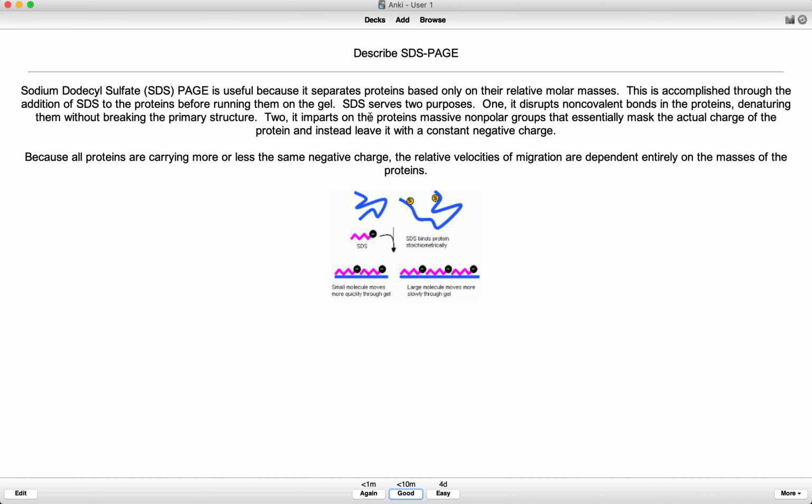SDS will disrupt non-covalent bonds in proteins, denaturing them back to primary structure, and it adds massive non-polar groups to mask the protein's actual charge. These give a constant negative charge. So it makes all the proteins negatively charged.